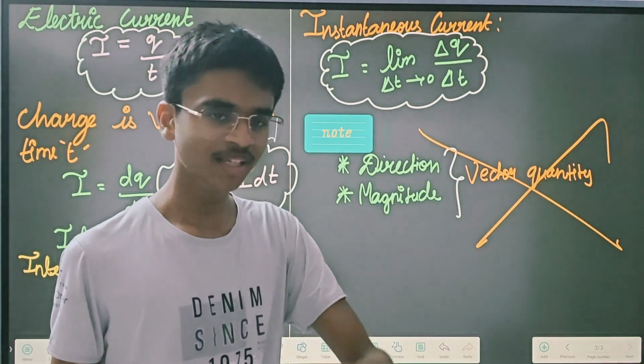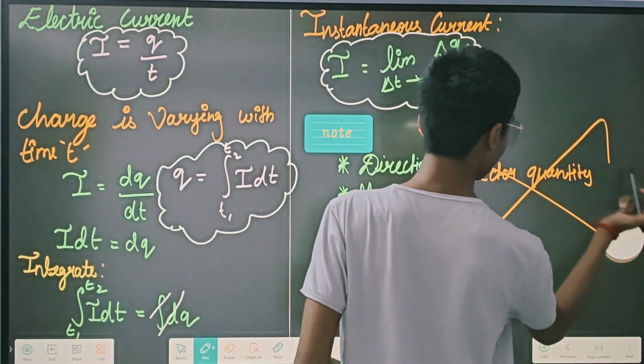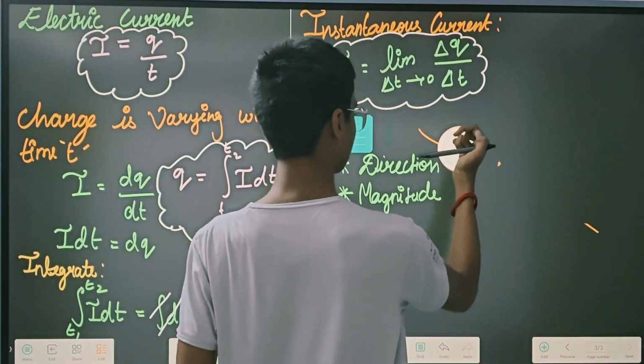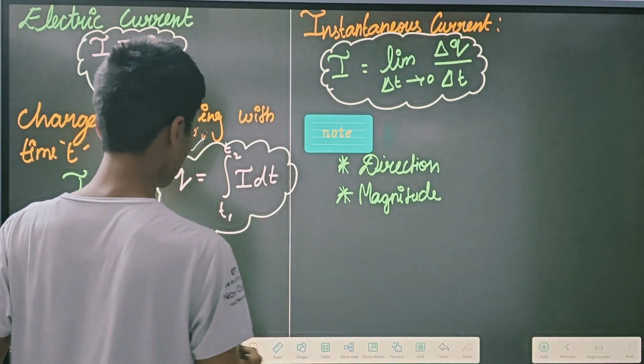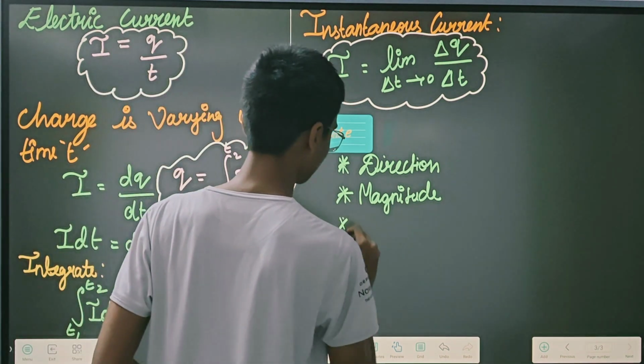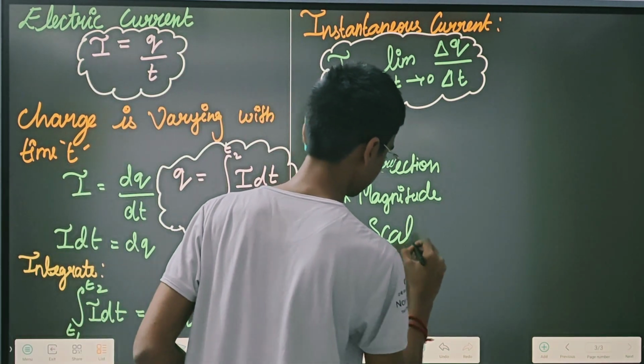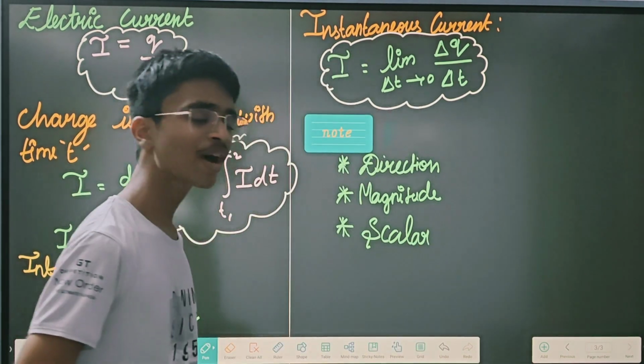It is wrong if you say that current is a vector quantity. It may have both direction and magnitude, but it is a scalar quantity. Why is it so?